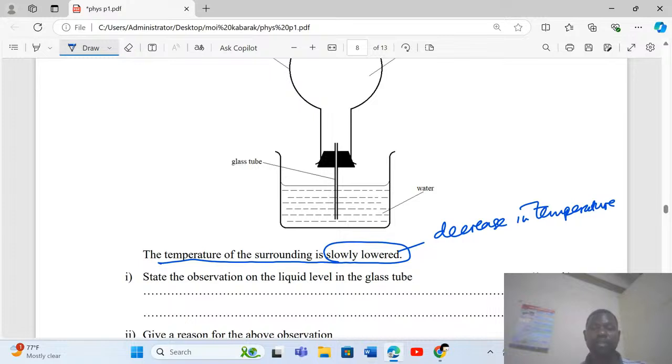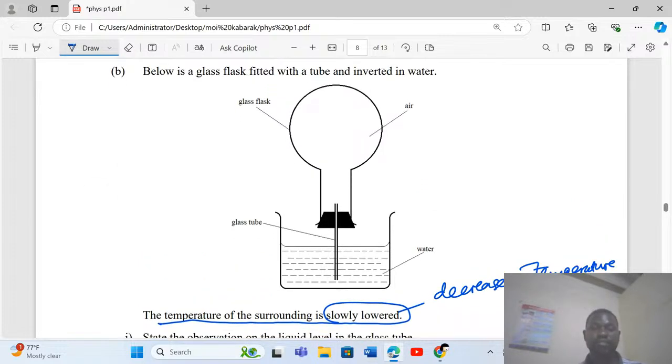First thing is that we expect the glass flask to first emit heat to the environment, and by emitting it, it means that it is contracting.